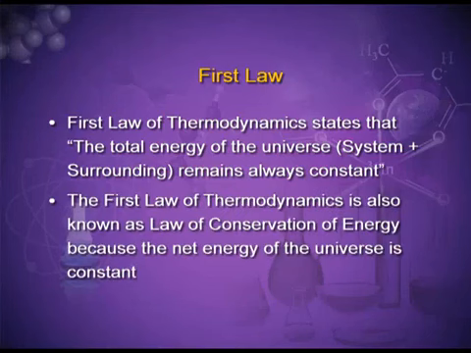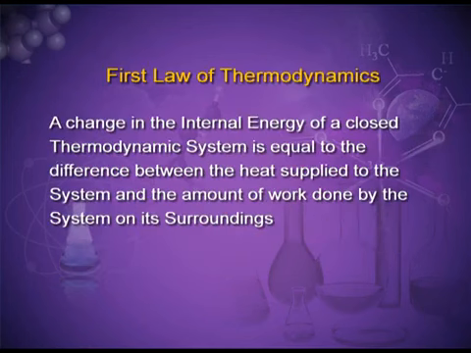The first law of thermodynamics is also known as the law of conservation of energy because the net energy of the universe is constant. A change in the internal energy of a closed thermodynamic system is equal to the difference between the heat supplied to the system and the amount of work done by the system on its surroundings.